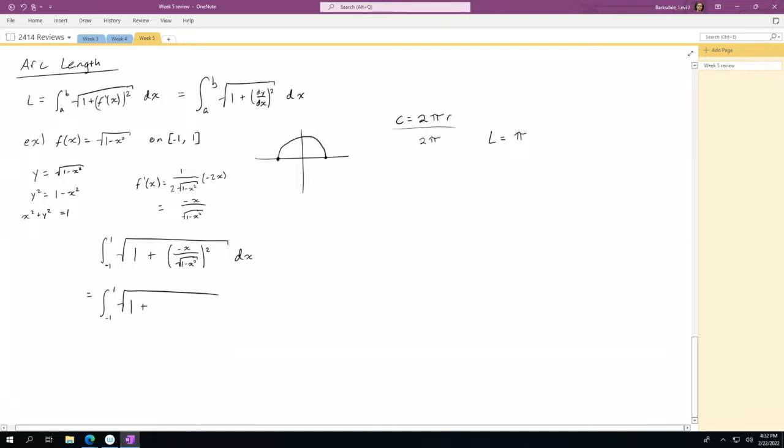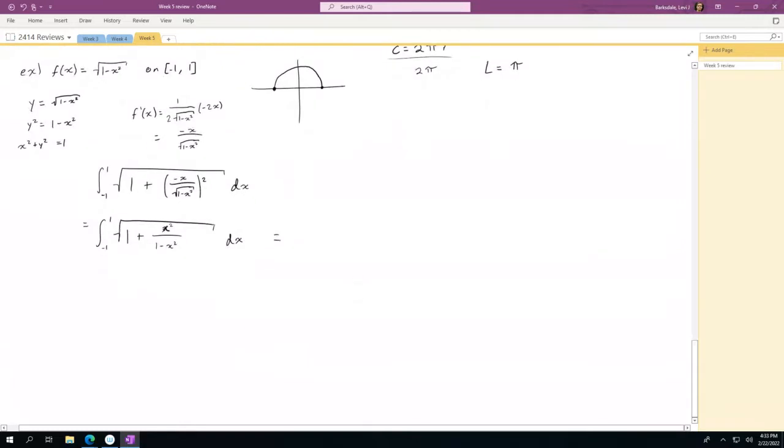Then I have 1 plus x squared over 1 minus x squared, since the square of the square root of 1 minus x squared is 1 minus x squared, right? So now I'm going to combine everything on the inside. My common denominator is going to be 1 minus x squared, so I can rewrite this 1 as 1 minus x squared divided by 1 minus x squared, right?